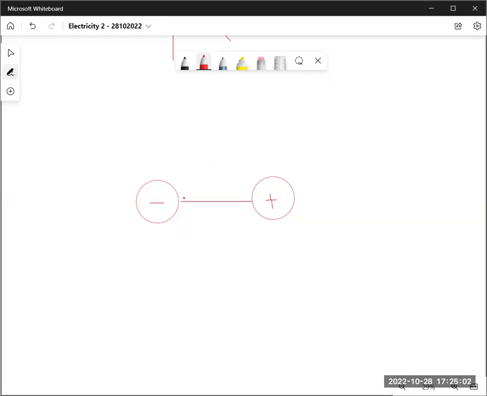We'll have a straight line like this first, and we'll have one line going like this, one line going like this. We'll have another line which goes like this. Another line which goes like this.